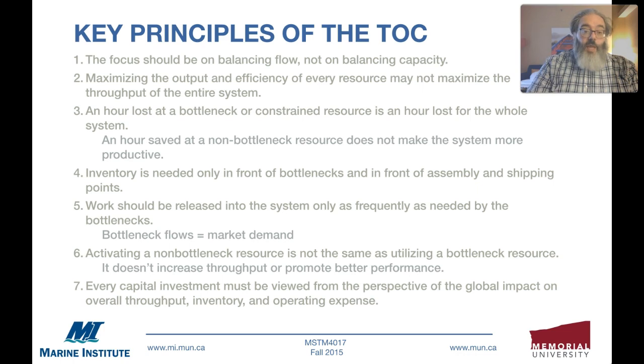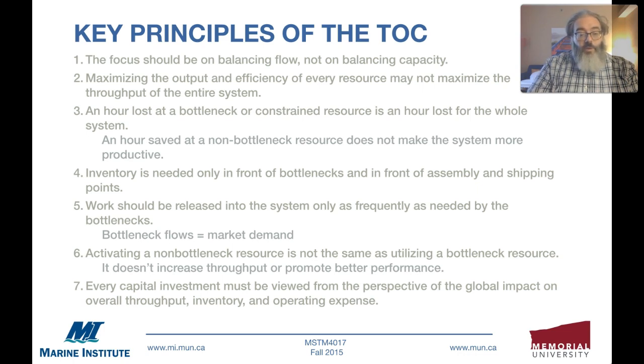Theory of constraints again is that we only need inventory in front of bottlenecks and in front of assembly and shipping point. What that point is getting at is the need not to have inventory at other places more so than where it is needed. Inventory in other places is wasteful. So it's holding costs that don't need to be incurred. Whereas in front of the bottleneck, the holding cost being incurred is possibly of benefit.